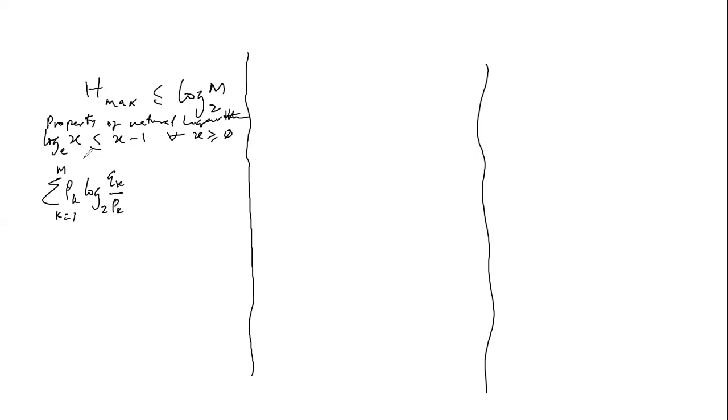This holds when x is a non-negative value, that is, x is greater than or equal to 0, okay? Now, for me to be able to do this, what is my goal? We want to investigate the upper bound on entropy, that H max is less than or equal to log m base 2. This is what we want to prove, the upper bound on entropy.